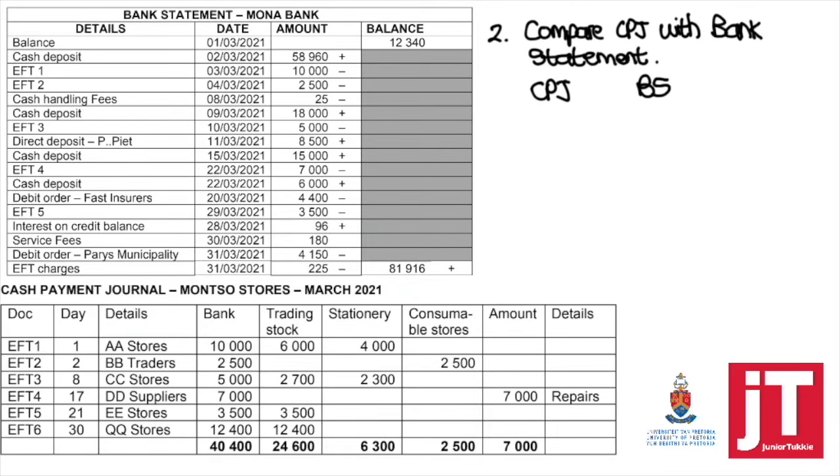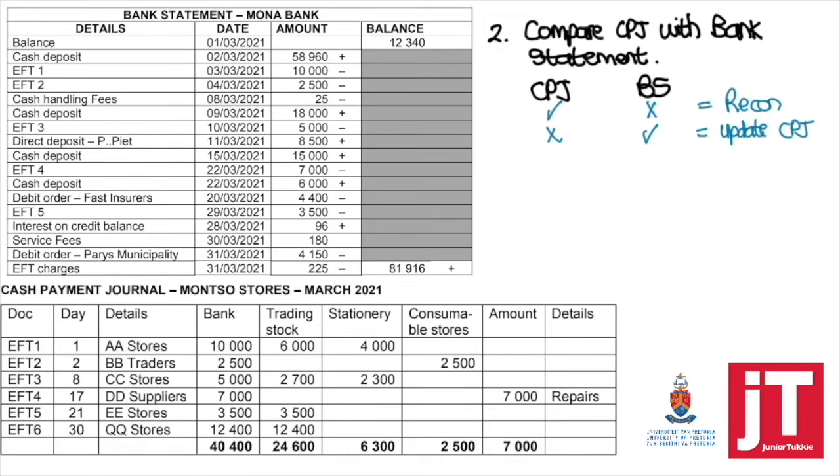Now we need to do exactly the same as we did with the cash receipts journal, where we compared it to the bank statement. Now we're going to take the cash payment journal and compare it to the bank statement. If it appears in our journal but not on the bank statement, we need to take it to the bank recon.